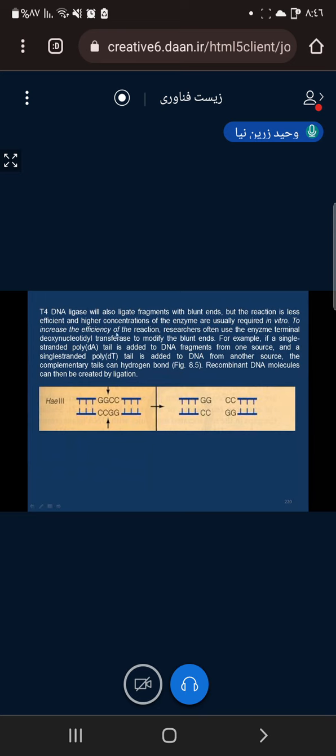To increase the efficiency of the reaction, researchers often use the enzyme terminal deoxynucleotidyl transferase to modify the blunt ends to sticky ends.